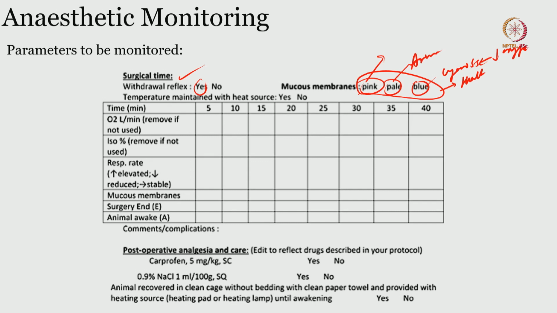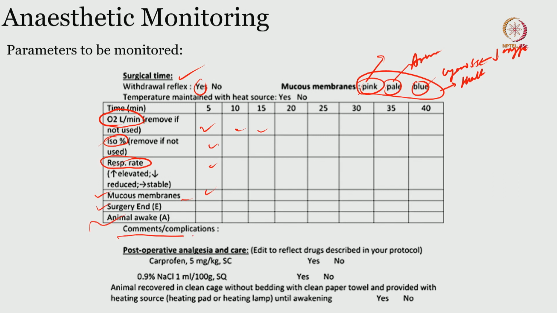All right. So, these are the most important parameters that you are going to document every 5 minutes, starting from 5 minutes, for as long as the surgery lasts. So, you need to document at 5 minutes, 10 minutes, 15 minutes, and the parameters are how much oxygen is being used, that is very important, and then the percentage of isoflurane being used, what is happening to the respiratory rate, how is the mucous membrane during the surgery, when did the surgery end, and is the animal awake or not.